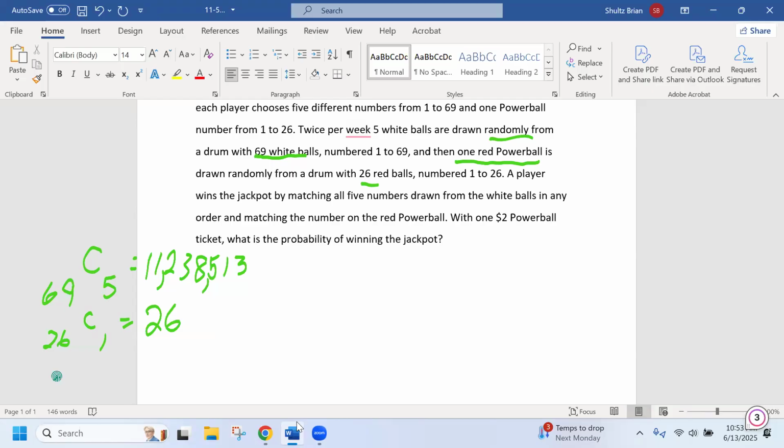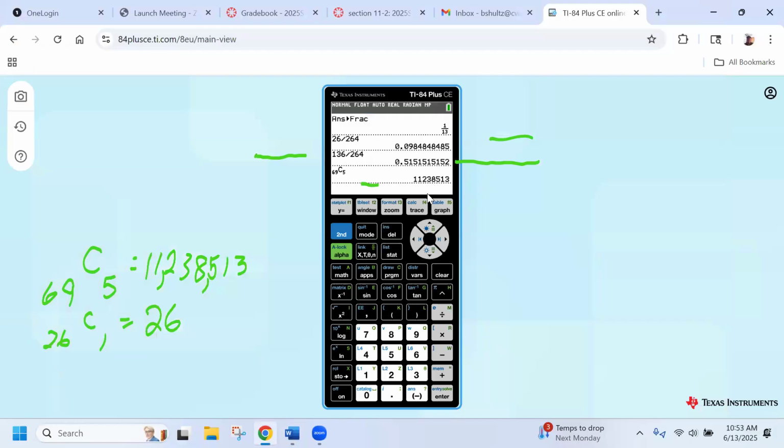So the total possibilities come from multiplying those two. I take my answer from there, 11 million, and multiply it by 26 to get my total possibilities, my whole.